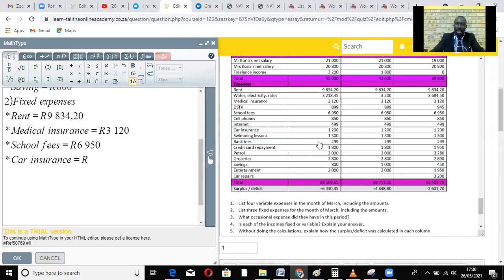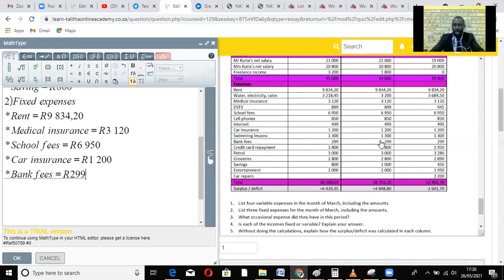And also bank fees, or bank charges. Checking through here, bank fees stayed 299 throughout the period. And so we say bank fees is one of the fixed costs.